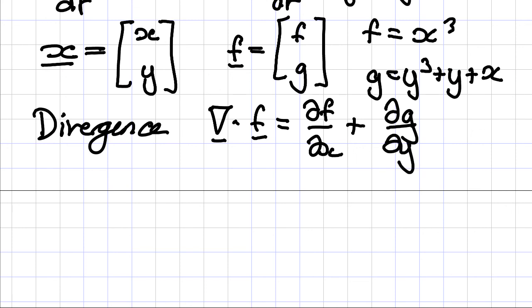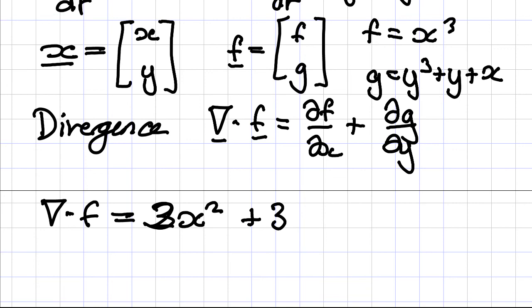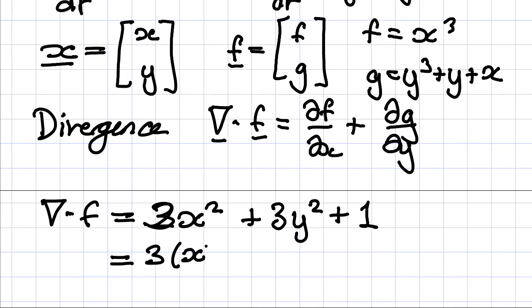So in this case, that's 3x squared plus 3y squared plus 1. So that's 3 times x squared plus y squared, plus 1.